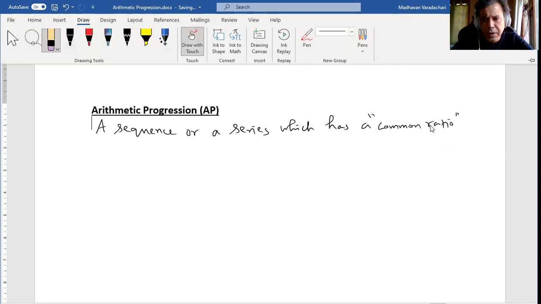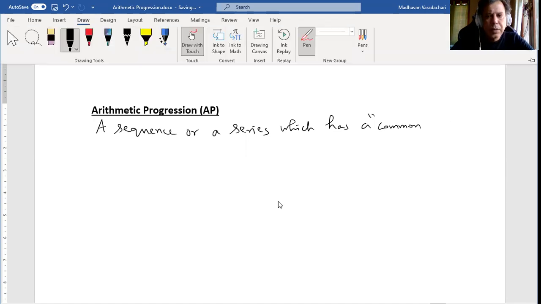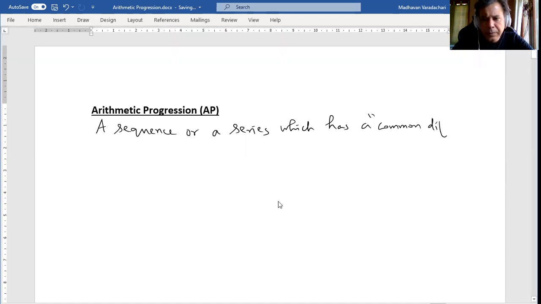I should say difference, not ratio. Common difference for successive real numbers. A sequence or a series which has a common difference for all successive real numbers.